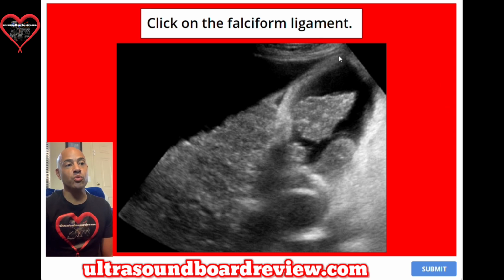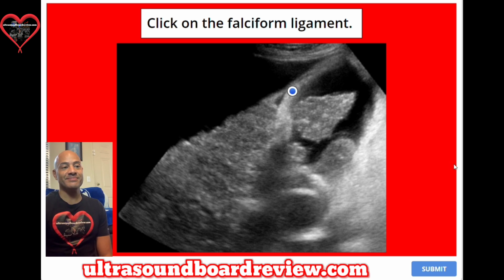The ligament is right here. Now, can any of you guess what disease is demonstrated in this image? This image represents a patient with cirrhosis.